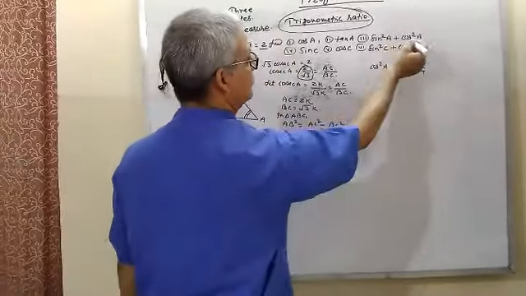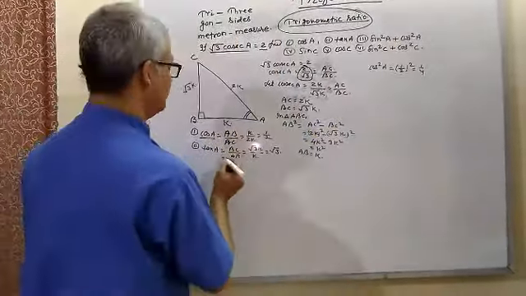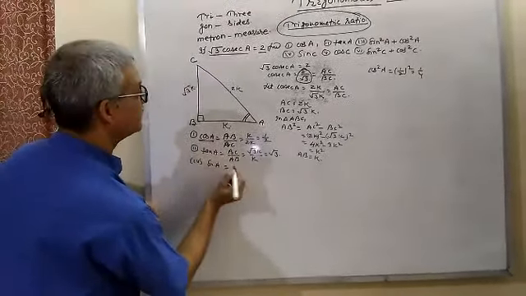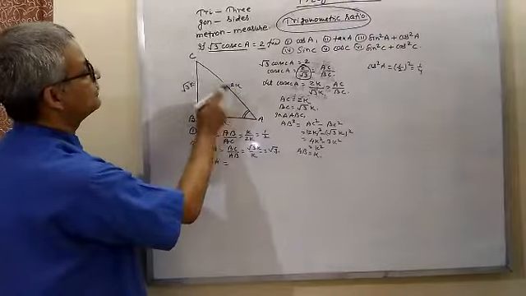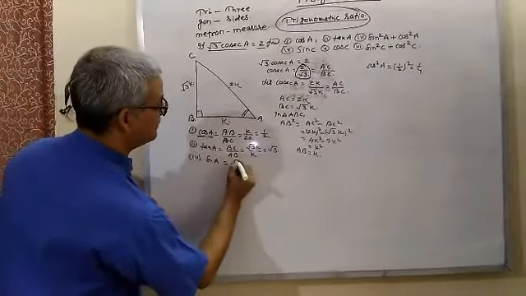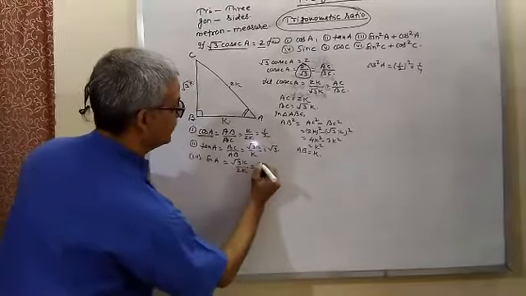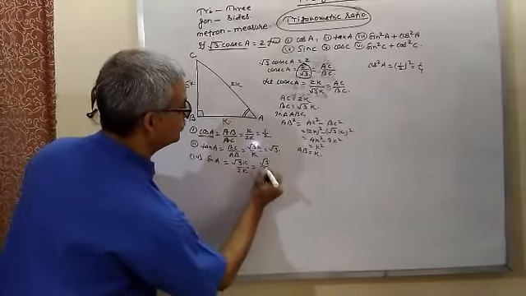So for this value, sin A is also required. Sin A is perpendicular by hypotenuse, perpendicular root 3k by 2k, that is root 3 by 2.